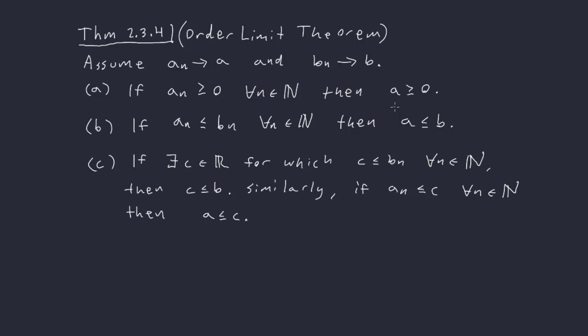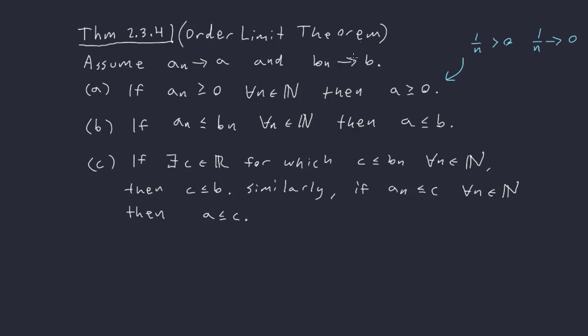Okay, so basically if all your terms are non-negative for all n, then what this theorem is saying is that there's no way that suddenly the limit could be negative. Now, keep in mind, 1 over n is always greater than or equal to 0, but it converges to 0, even though every 1 over n is strictly greater than 0.